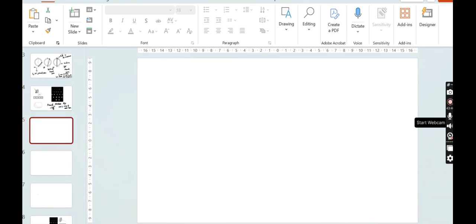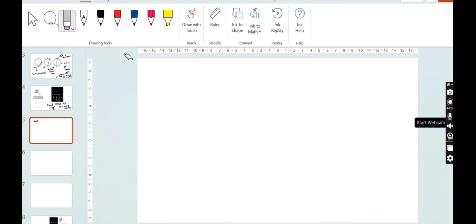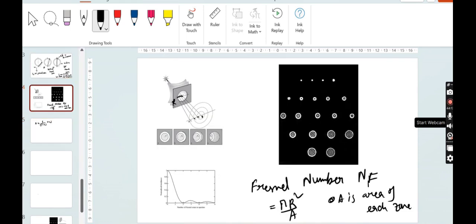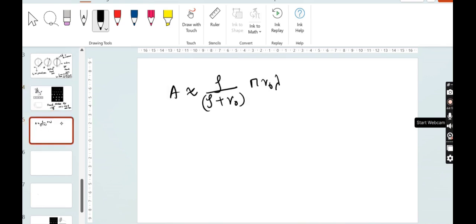Basically, for the purpose of the sense, if the point source, A is also given by an equation, that is A is rho plus R naught. So this distance is rho, this distance is R naught. Okay.